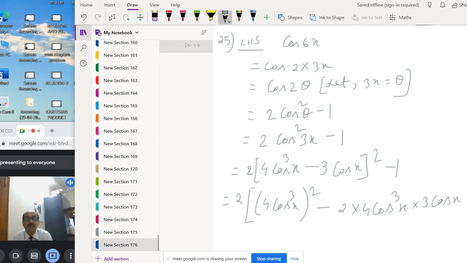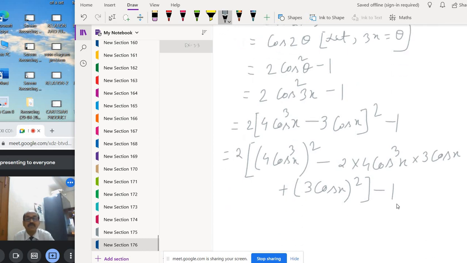So minus 2ab plus b square. So plus b means 3 cos x, whole square, b square, bracket close, minus 1. So a square minus 2ab plus b square. Now calculate this.